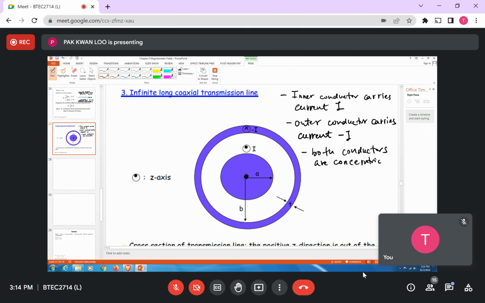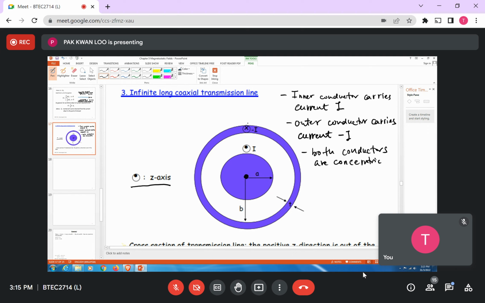Okay. So here the z direction is provided, this is the positive z direction. The current carried by the inner conductor is pointing towards the positive z direction, and the outer conductor carries the current in the negative z direction, because it's negative current.